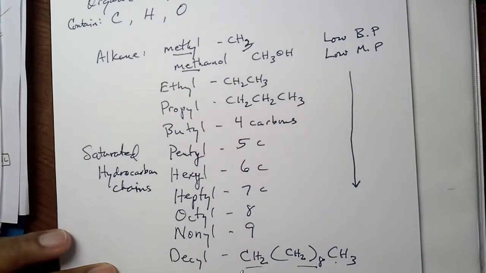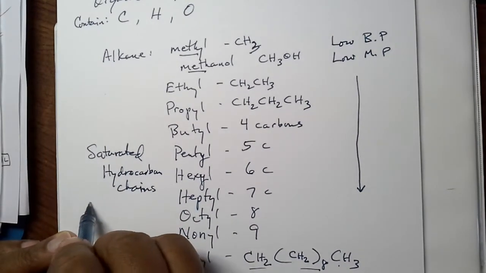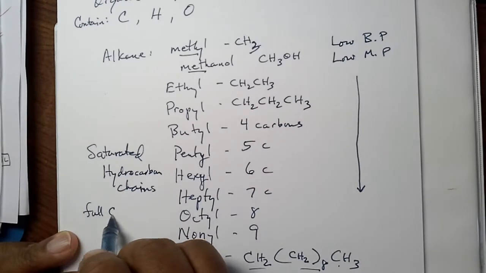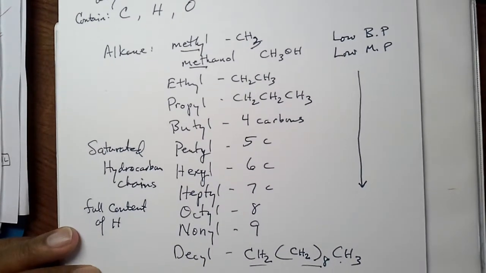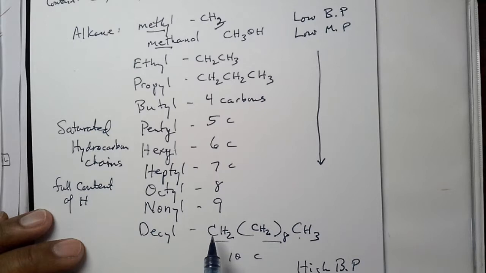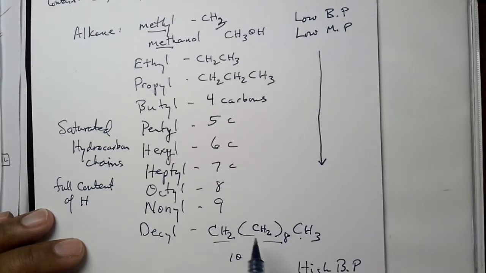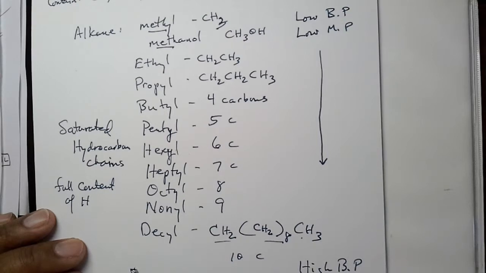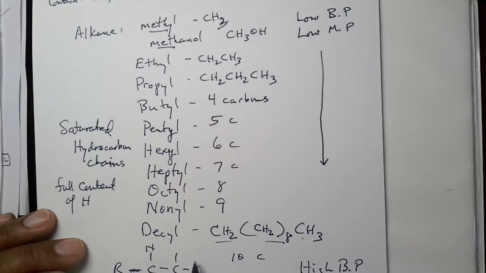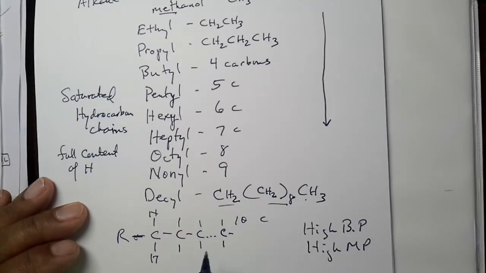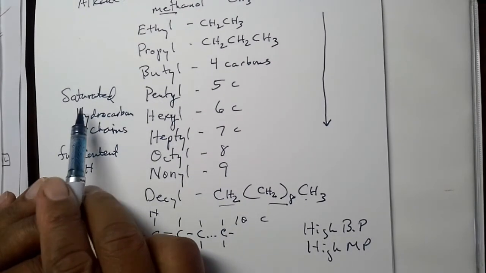And what does saturated mean? It means that they have their full content of hydrogen. Because in this chain, the 4 bonds to carbon would be 1 bond to some R group, carbon, 2 hydrogens, and then the next carbon and 2 hydrogens, all the way to the last carbon, which has 3 hydrogens. So this is completely saturated.